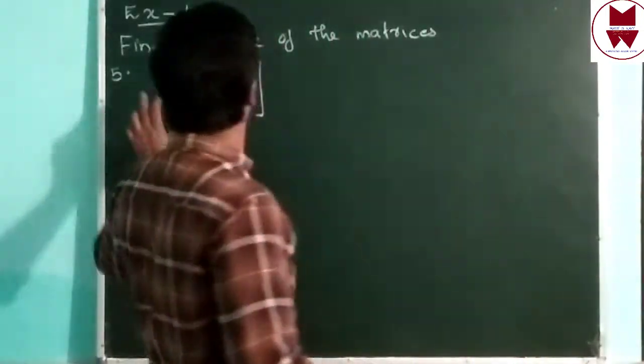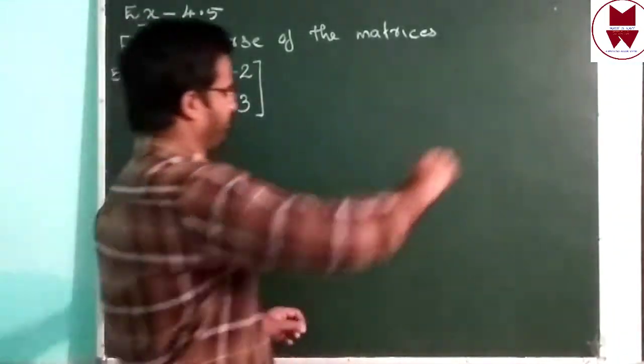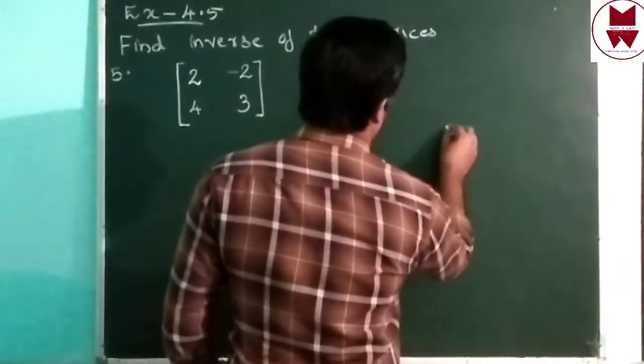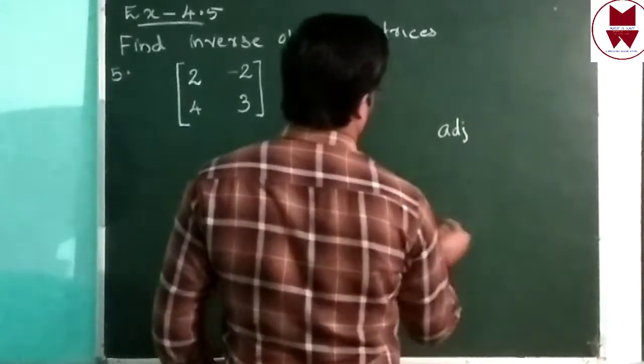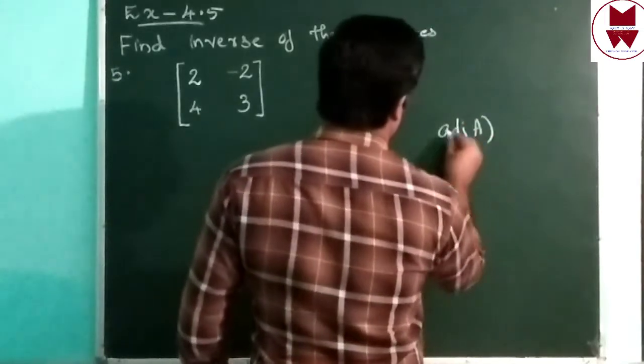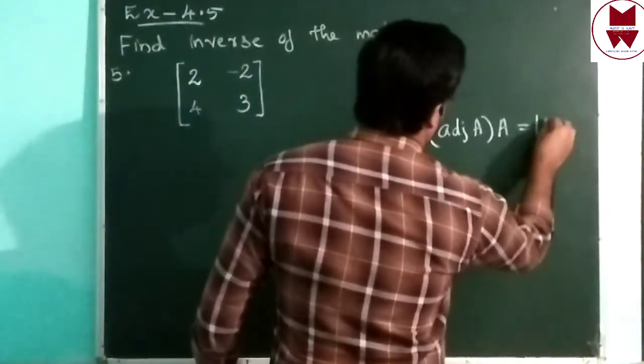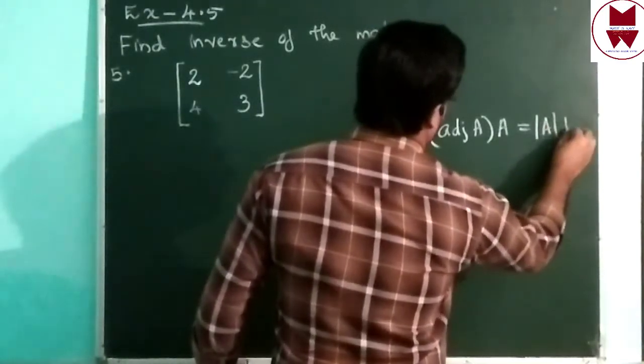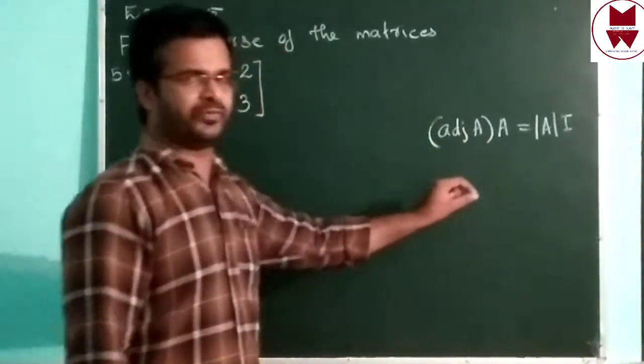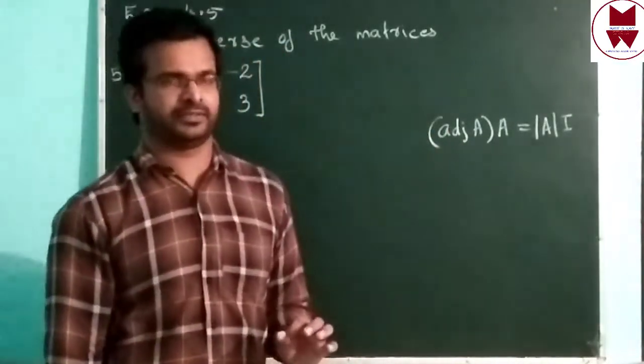In the previous question, you verified one formula: adjoint of A into A equals determinant of A into I. You already verified this formula, isn't it?